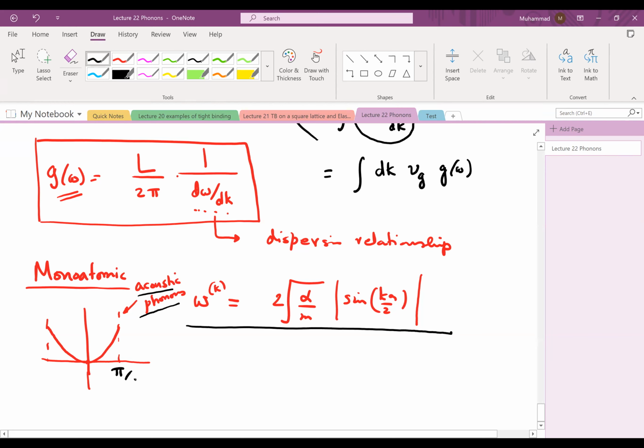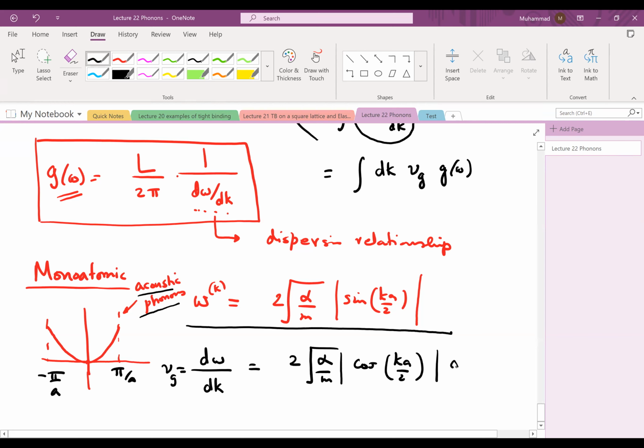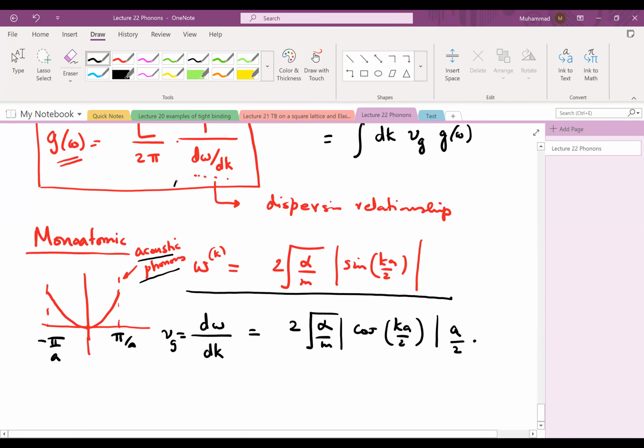Now I have the dispersion relationship in front of me. This is my zone boundary, pi over a and minus pi over a. What I could do is find the group velocity d omega over dk, which is 2 alpha over m, a over 2, cosine ka over 2, and then put this into the expression that I've derived over here. I will get g omega.